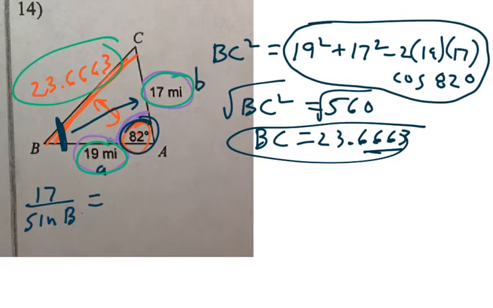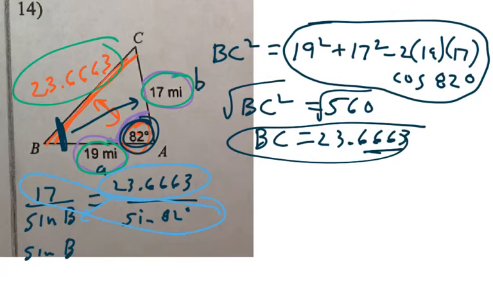We're going to use the 82 with our newfound answer, 23.6663. So, because of lack of room here, guys, I'm going to go ahead and do 17 times the sine of 82. I'm going to divide by this, and I know that's going to give me sine of B.